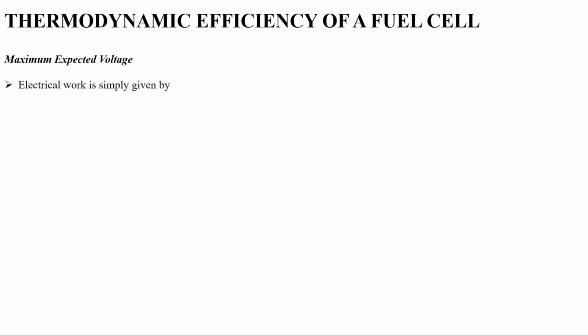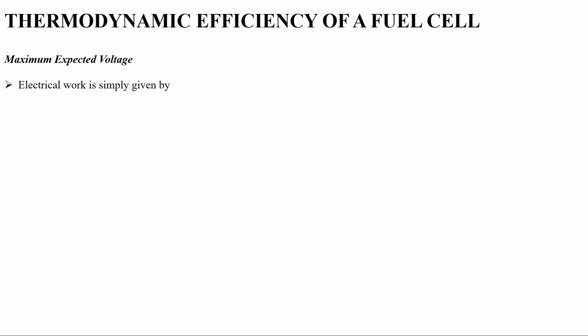Now we are going to discuss the maximum expected voltage, because a fuel cell is a device which converts chemical energy into electrical energy, and electrical energy is nothing but current and voltage. If we have current and voltage, then we can say that we have electrical energy or electrical power.